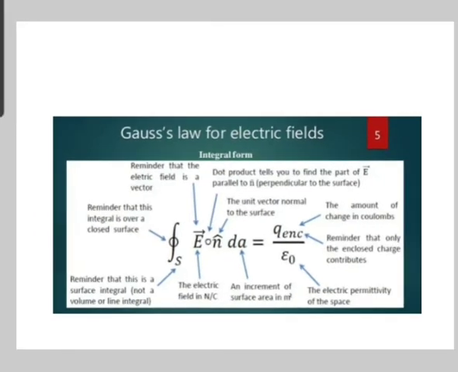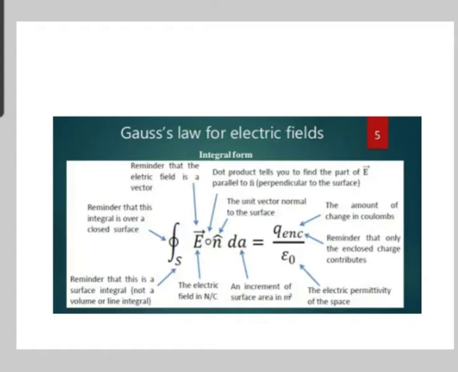So here the equation is given and the description of this equation is also given. The first symbol is the integral, which is over a closed surface. Next, the S below the integral means it is a surface integral, not a volume or line integral. Then E is the electric field and the bar means the field is a vector.